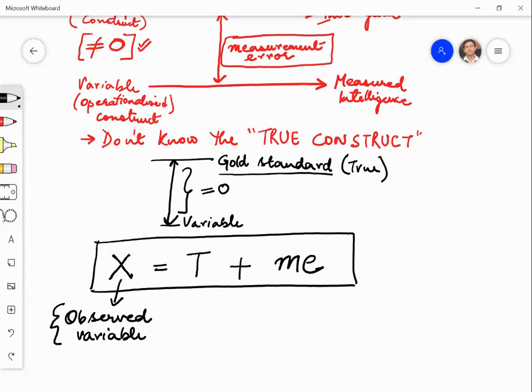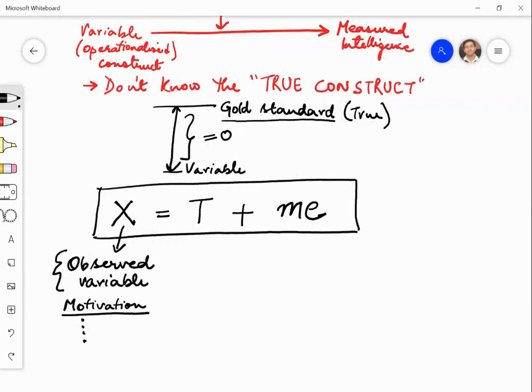If I'm talking about motivation, I had a survey that I administered. I had a set of items that I administered to respondents, and then I collected some data, let's say on a scale of 1 to 5. So this becomes my observed data.